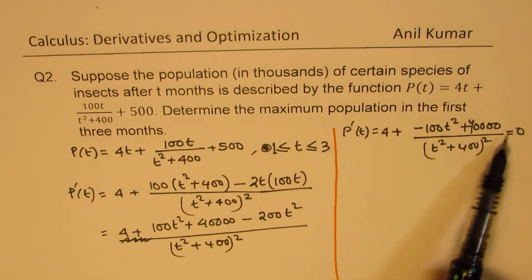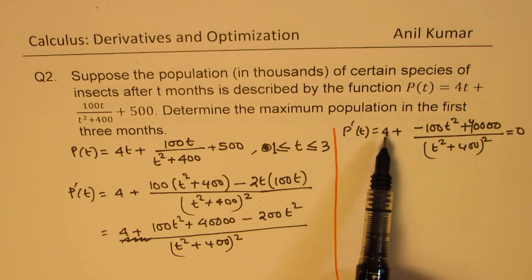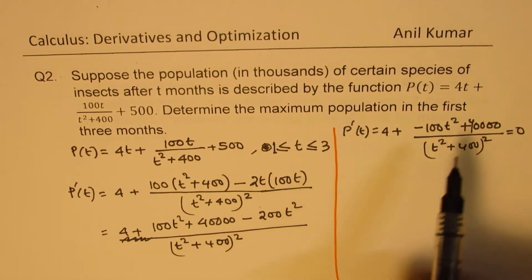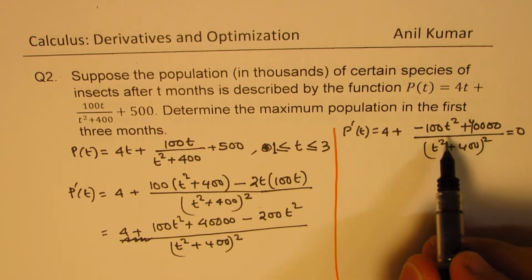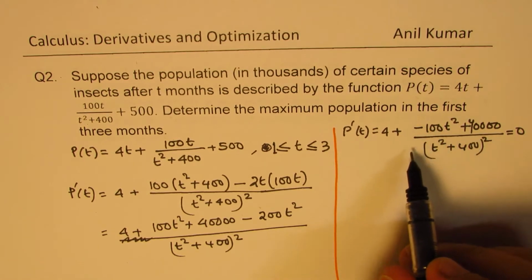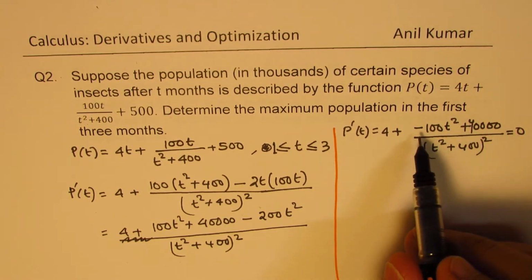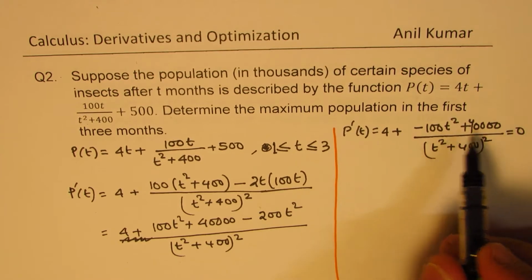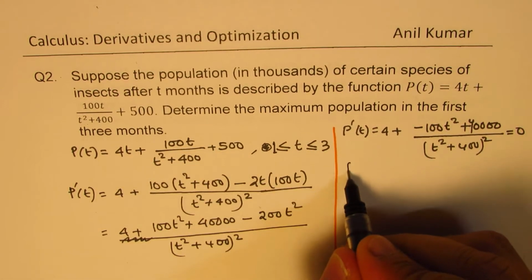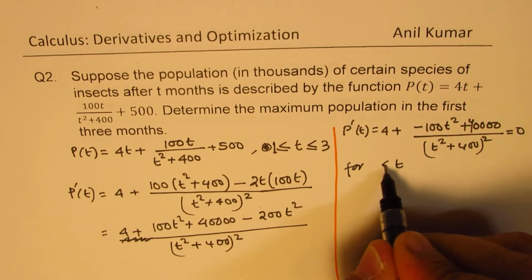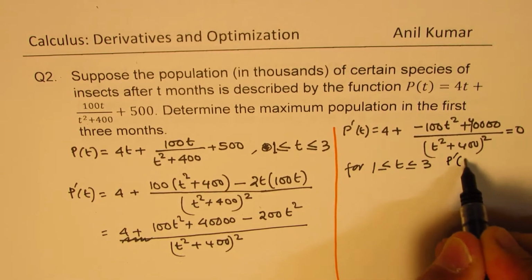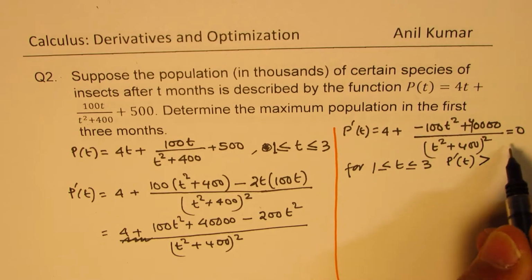You can see from here itself it is 4 plus something, and we want to make this 0. You will notice that this value is going to be negative only after t becomes greater than 20. So for t between 1 and 3, P dash t is actually greater than 0.